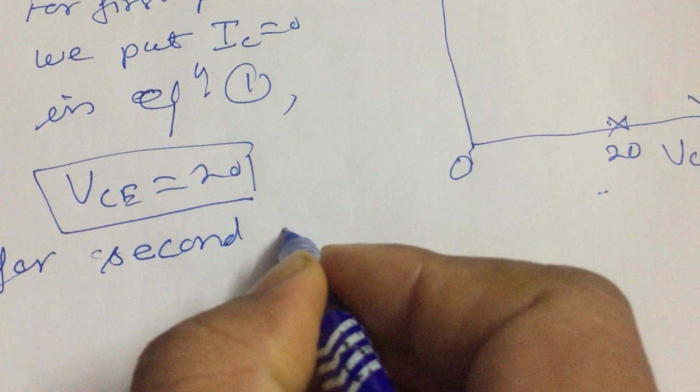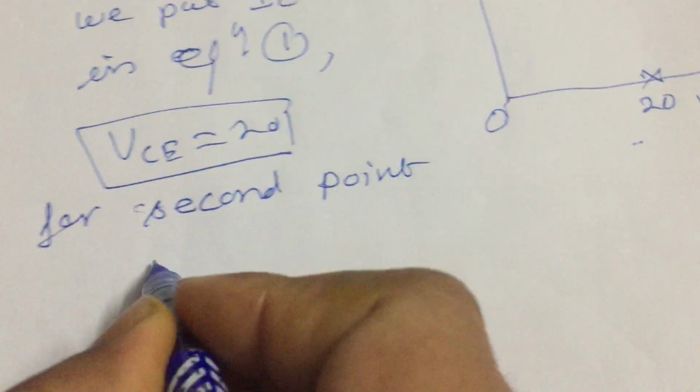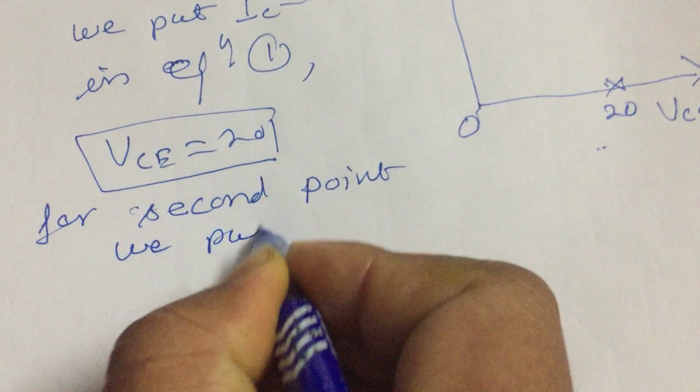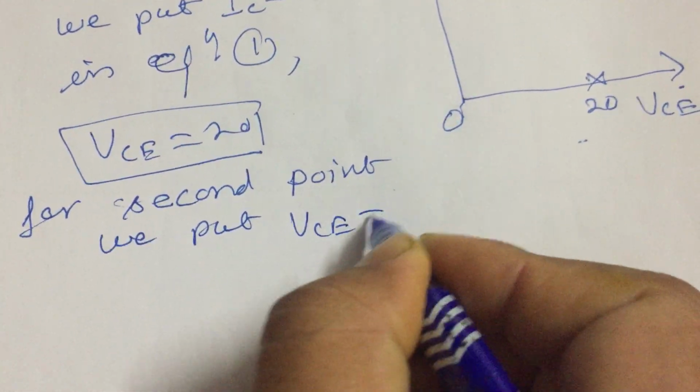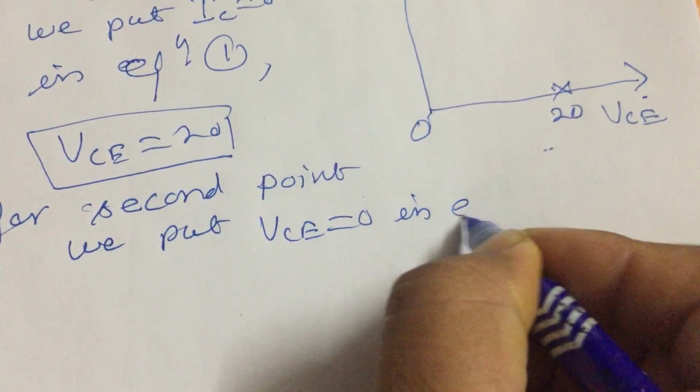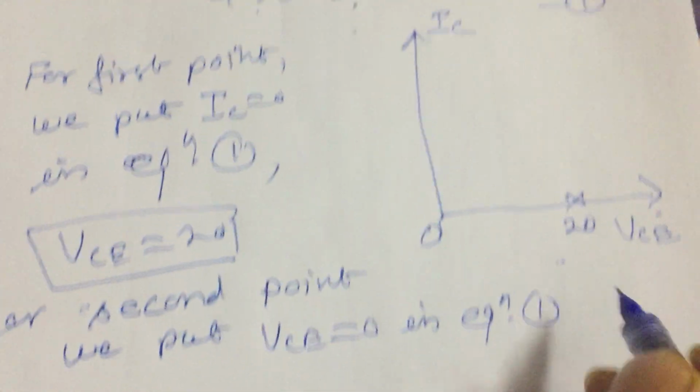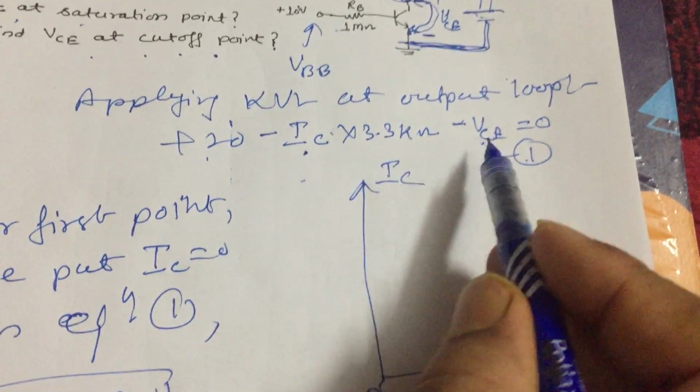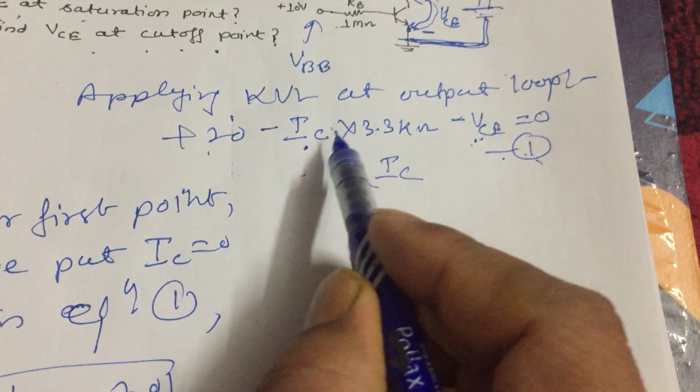Now for the second point, we put VCE as 0 in equation 1. When VCE is 0, what will be the IC?